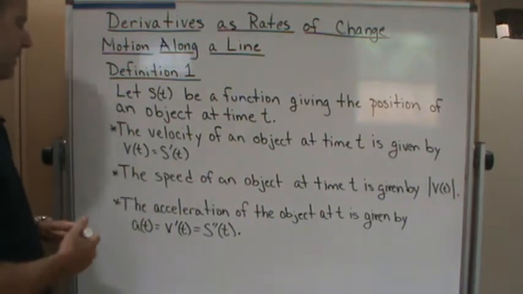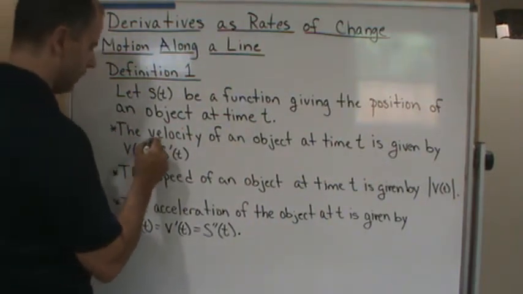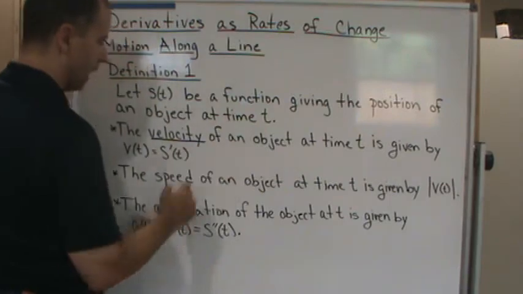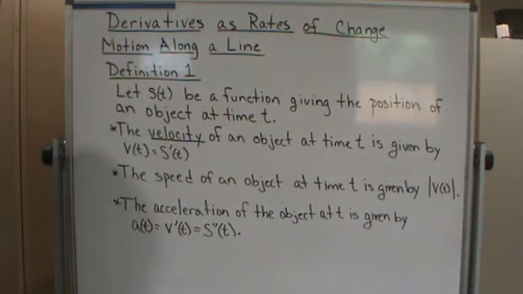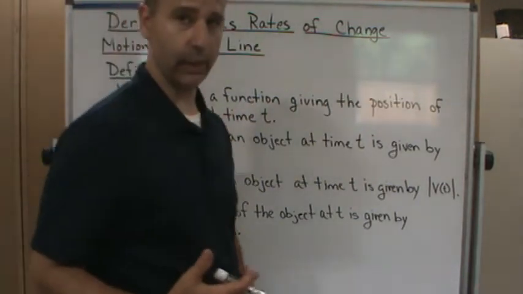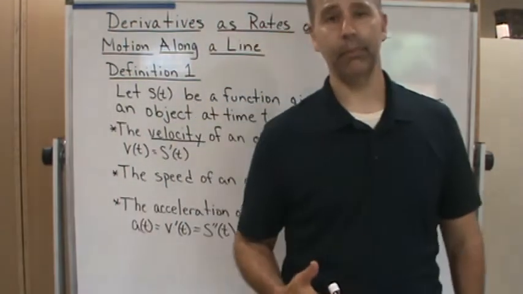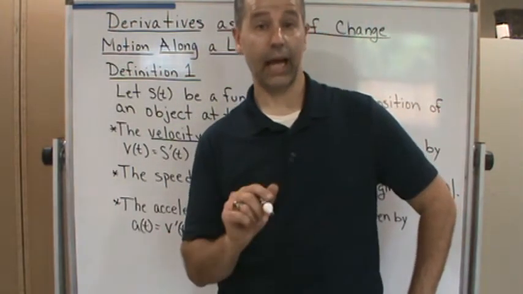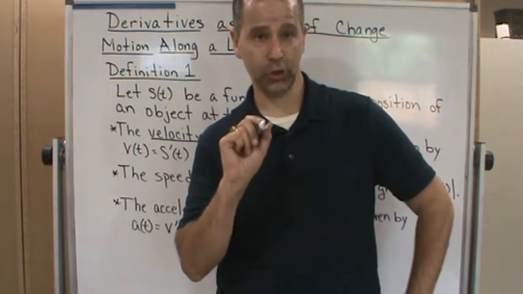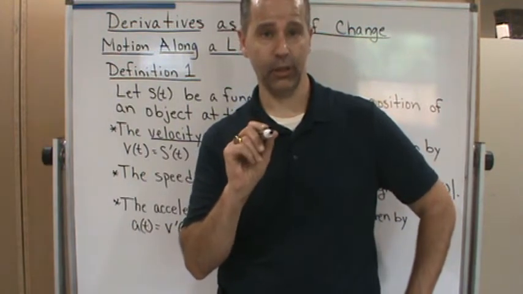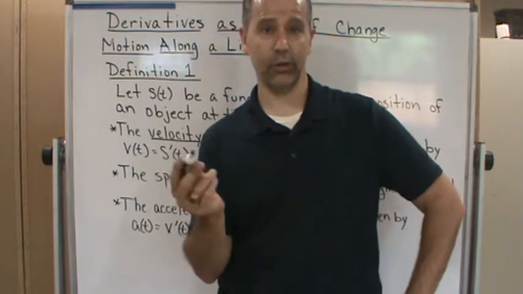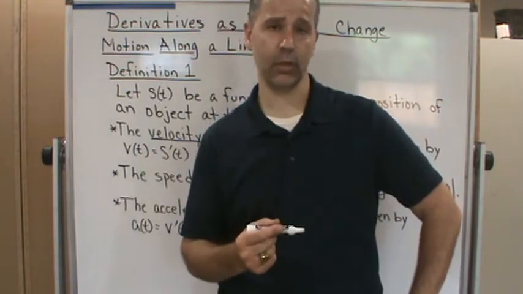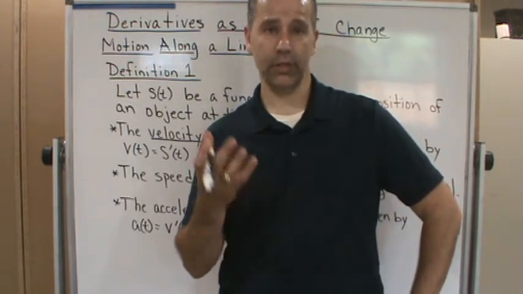Now, one thing you need to understand is velocity involves a direction. In many applications, there's a difference between velocity and speed. Velocity includes a directional vector. Technically, when you study physics, velocity involves a vector component.